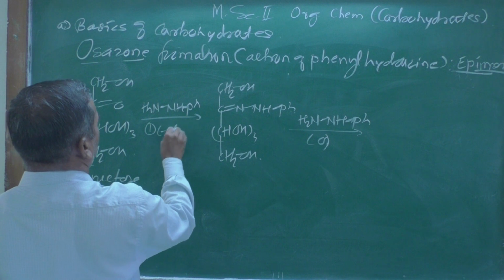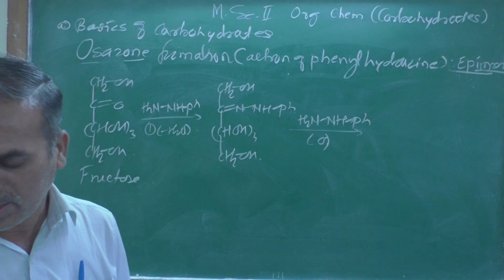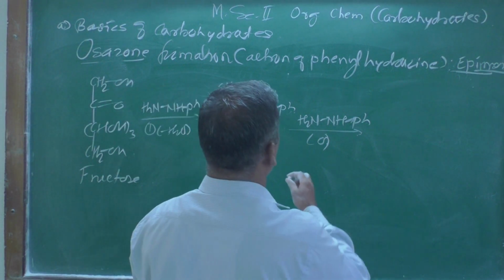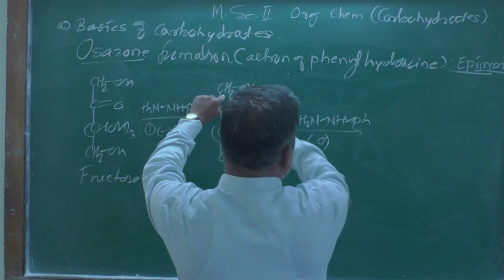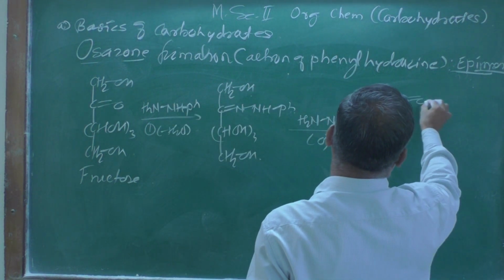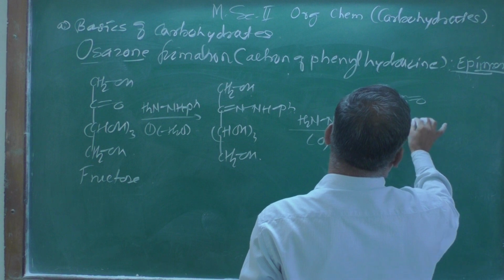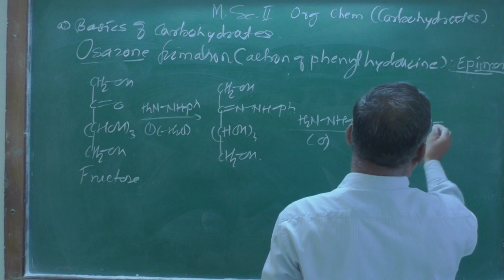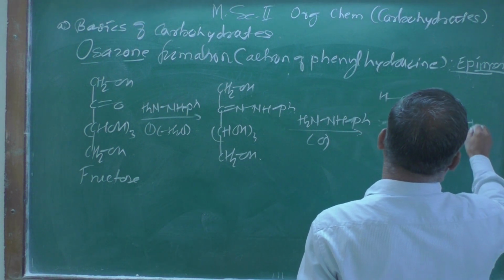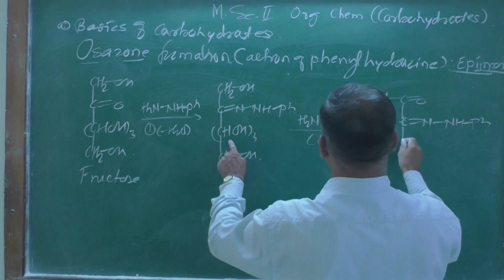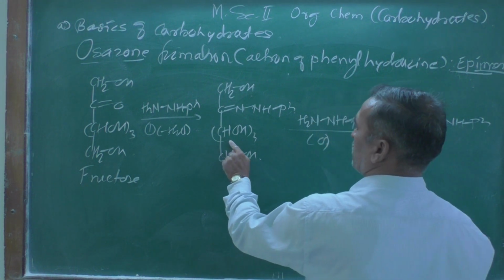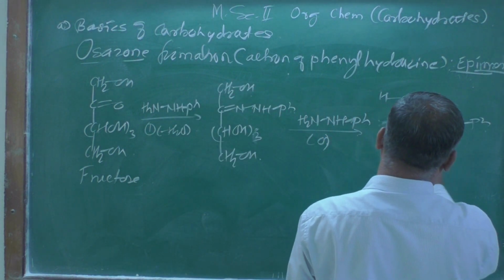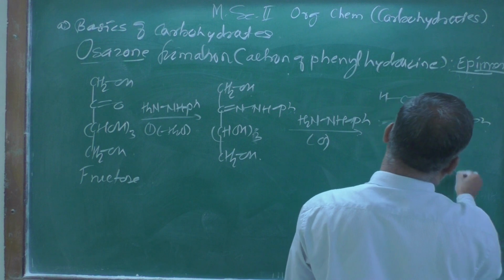First, there is an elimination of a water molecule, and further we get this: the primary alcohol is oxidized here to CH double bond O, then C double bond N-NH-Ph, then CHOH. Remember, not 4, here it is 3, so make the correction: CHOH three times, then CH2OH.